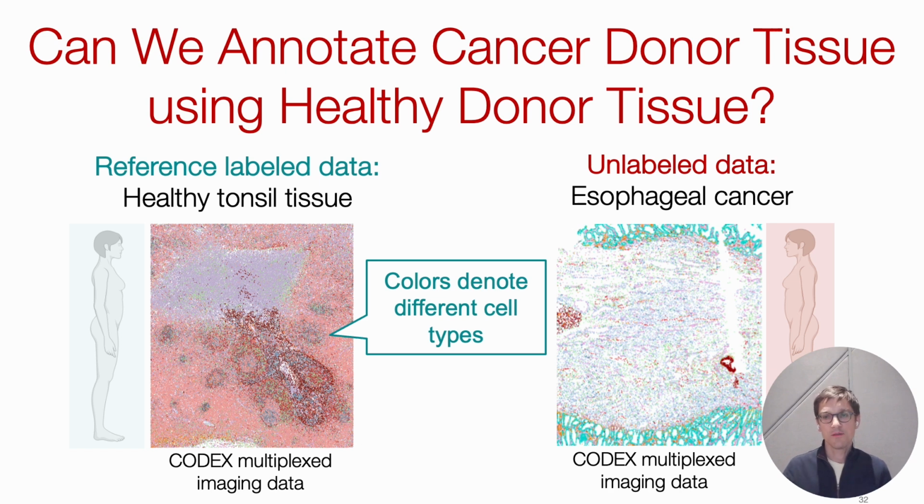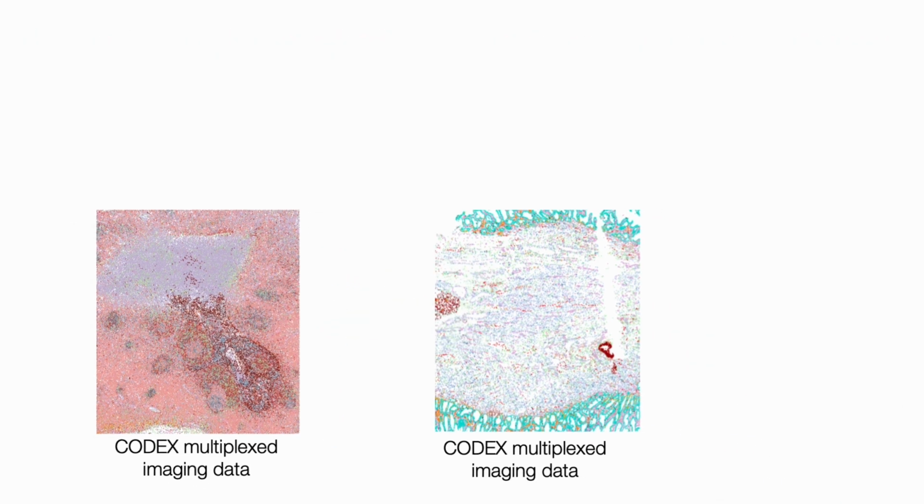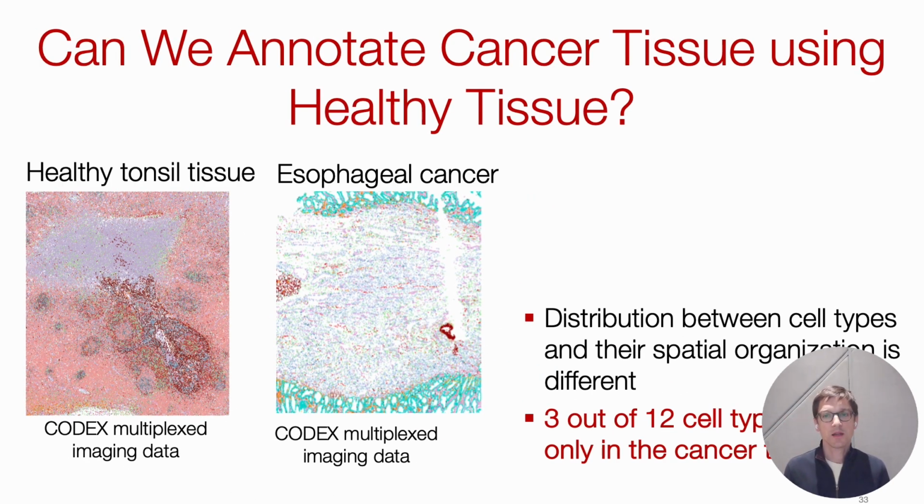You see that it has very different cell types and a very, very different structure. So the question is, can we learn on the healthy tissue and make accurate predictions on the diseased one? There are 12 different cell types in the healthy tissue.